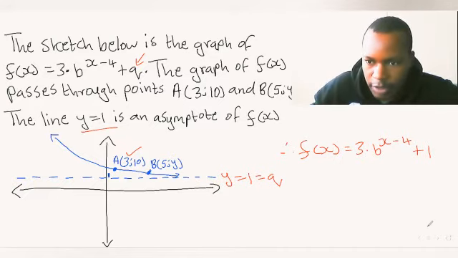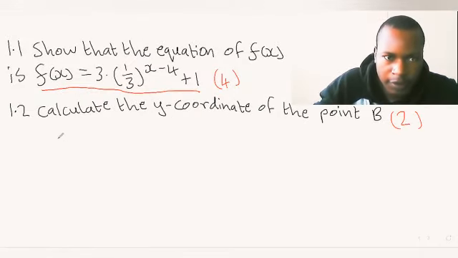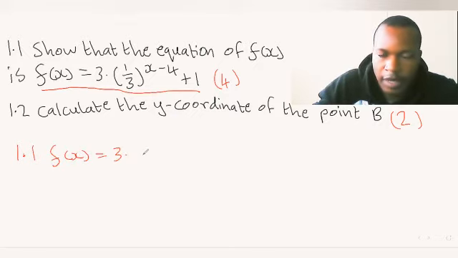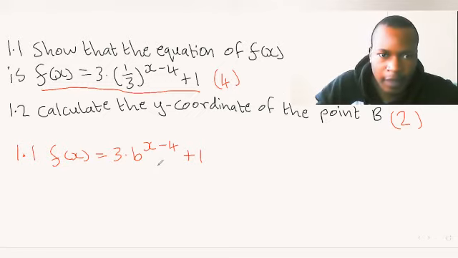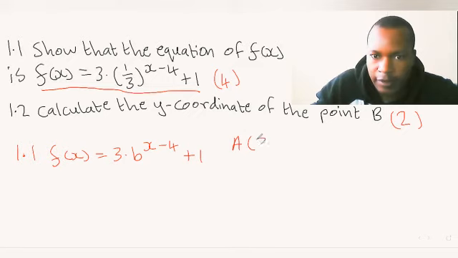So now using A, I'm going to just move on to the next page again. Rewriting the equation would just be f of x equals 3 multiplied by b to the power x minus 4 plus 1, which is what we determined the q to be. So now we can sub in the point (3; 10).